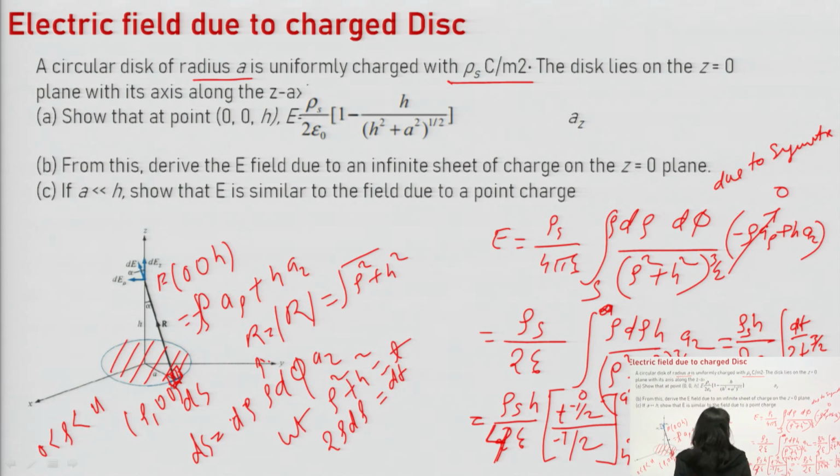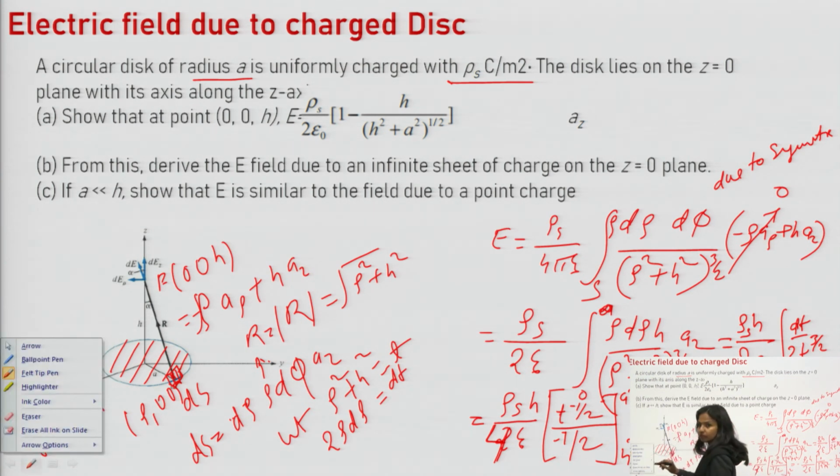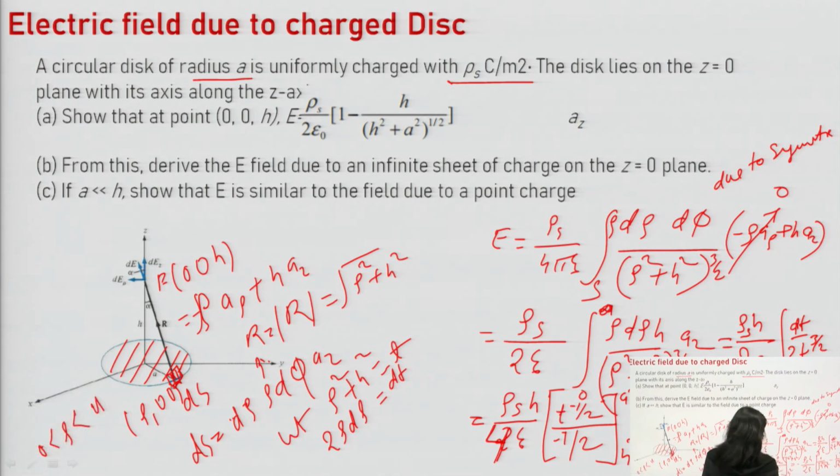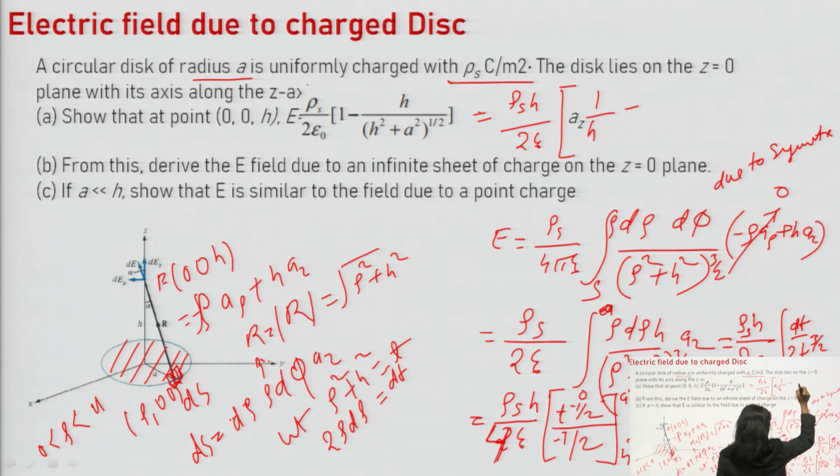If we simplify it, it will be rho s h by 2 epsilon in bracket 1 by h minus 1 by root under a square plus h square, because I am multiplying this minus with this.